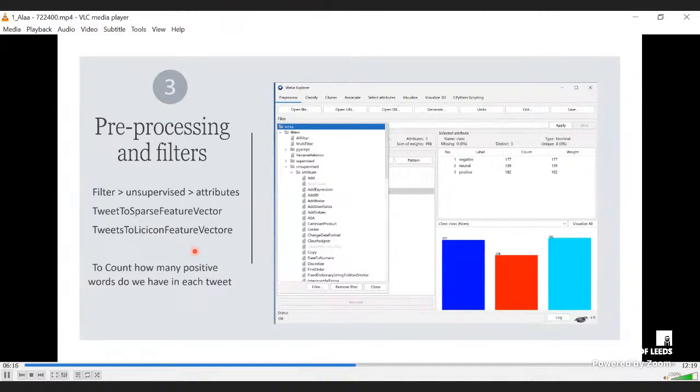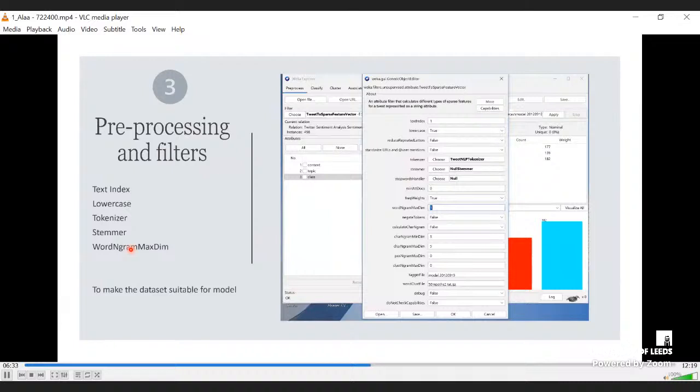To clean and pre-process the data, we apply some unsupervised filters, which is Twitter to lexicon feature vector, to count how many positive words are in each tweet. Other filters are applied that allow us to apply multiple features, which is really good.